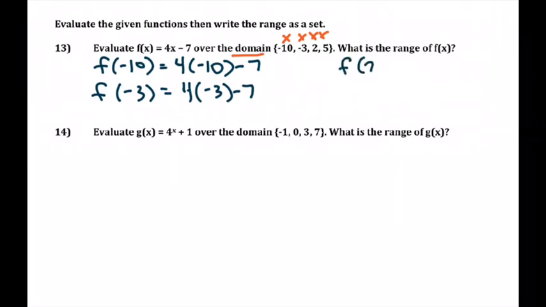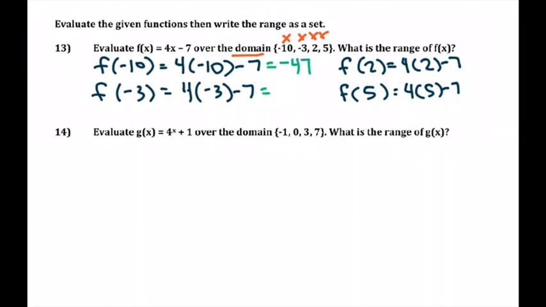F of 2, 4 times 2 minus 7, and f of 5, which is 4 times 5 minus 7. So evaluating each of those, I get those numbers. So the question is, what is the range? And so the answer to that is each of the range values in order.